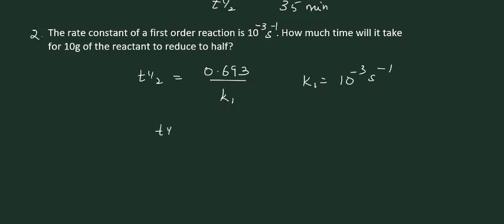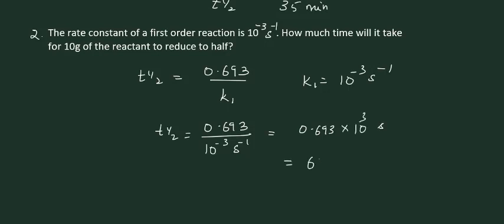Therefore T half is equal to 0.693 divided by 10 raised to minus 3 second raised to minus 1. This is 0.693 into 10 raised to 3 second, which is equal to 693 seconds.